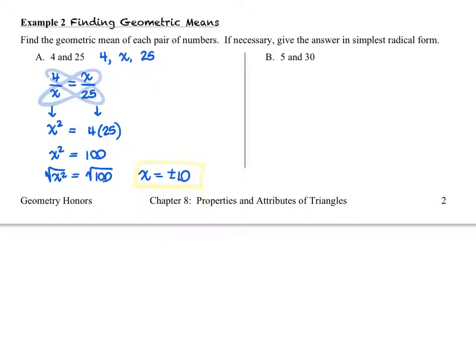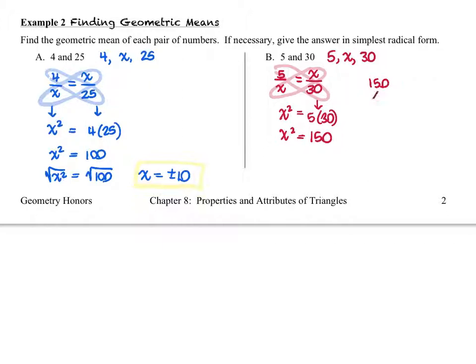All right. When we find the geometric mean between 5 and 30, we're going to start out the same way, knowing that we have a number 5, another number x, and another number 30. We're going to set up the proportion. 5 is to x as x is to 30. And then we're going to use our cross multiplication, resulting in x squared is equal to 150. Now we know 150 is not a perfect square, so we're going to use our factorization.